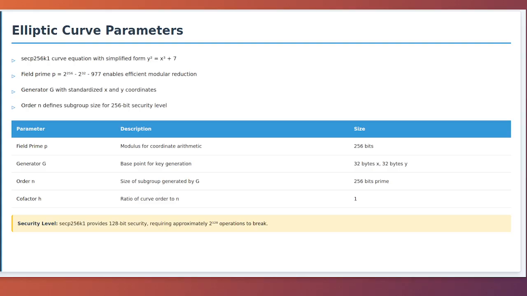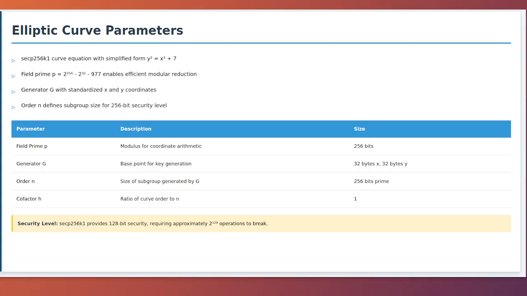The generator point G is a specific point on the curve with coordinates that are standardized in the SECP-256K1 specification. The x-coordinate of G starts with the hexadecimal value 79BE667E and continues for a total of 64 hexadecimal digits, representing a 256-bit number. The y-coordinate similarly is a specific 256-bit value.